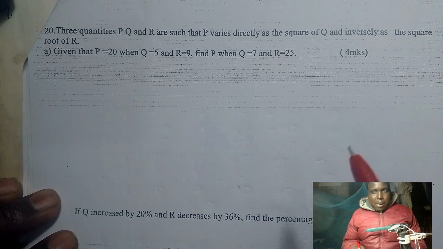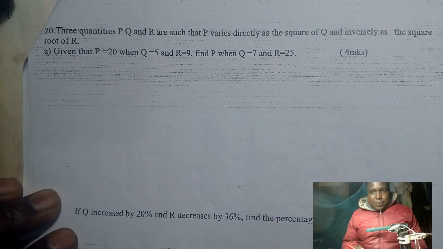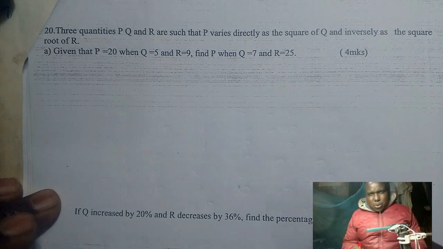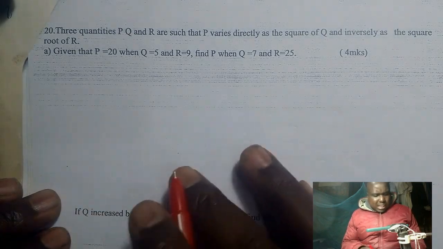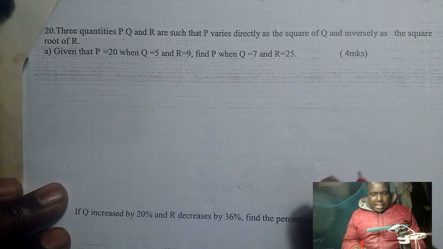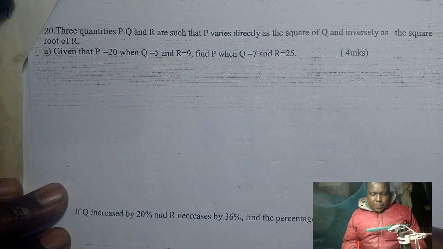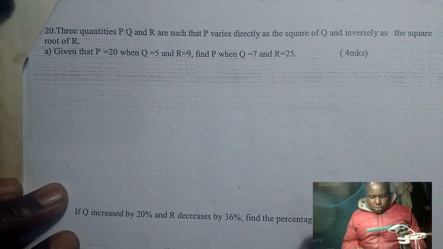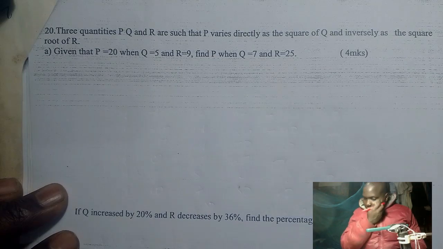We have partial variation, direct variation, and indirect, which we call inverse variation. So you need to see which one is which. Is this direct, combined direct and inverse, or partial? You need to know all of this.